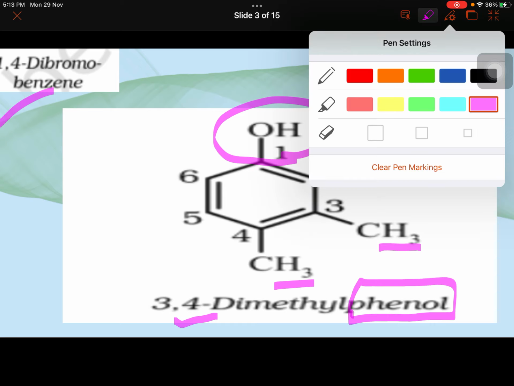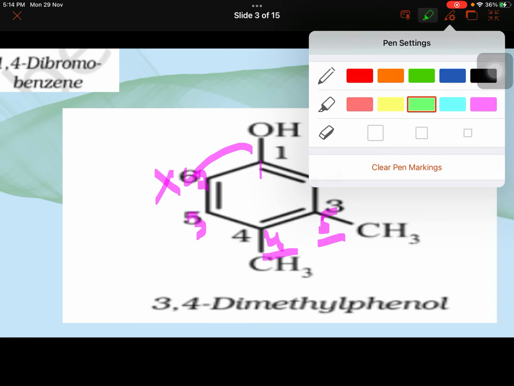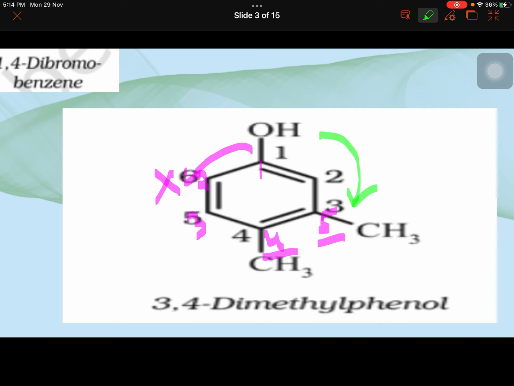Because I have to go clockwise or anti-clockwise anyhow, so that I can give the lowest possible number to the carbons having the substituent. Suppose I come like this. So it will be 1, 2, 3, 4, 5. So these carbons which are having CH3s, they are getting 4 and 5 number. So I will not come this way. I will come from the other side, this side, because then they are getting 3 and 4. So this is 3,4 dimethyl phenol.